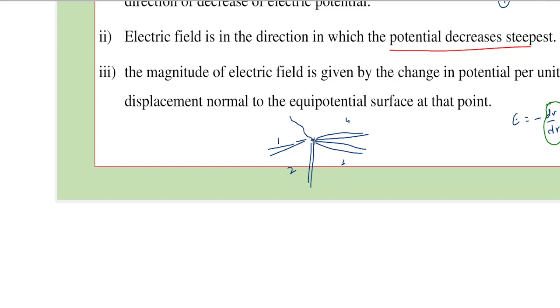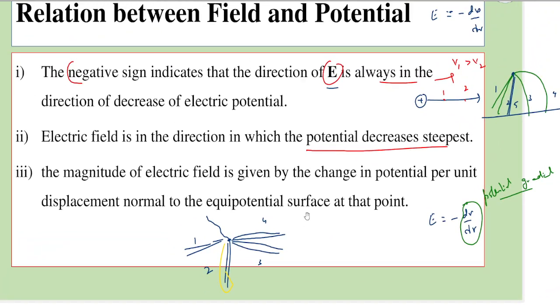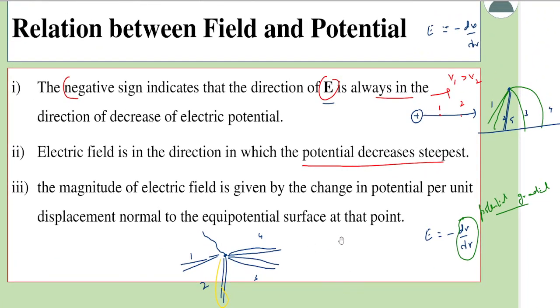But here path 2 has the steepest change. It's very steep here, so the water would go along path 2. That's what it means mathematically. Whenever we find a gradient, it means the change is along that gradient only. So this point 2 tells us that the electric field is in the direction in which the potential decreases steepest.